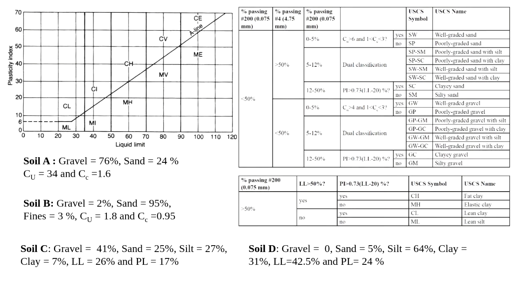SP. Okay, so let's check if it's SP or not, right? So again, we'll look at the amount of fines, 3%. So it's less than 50%. Then we have more sand, which means that more than 50% of the coarse material passes through this boundary between gravel and sand.